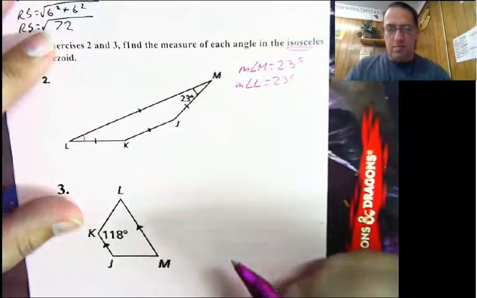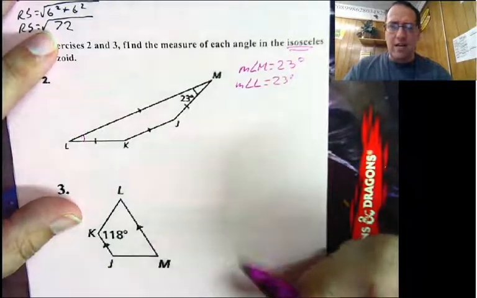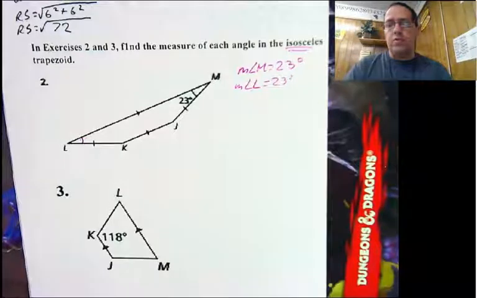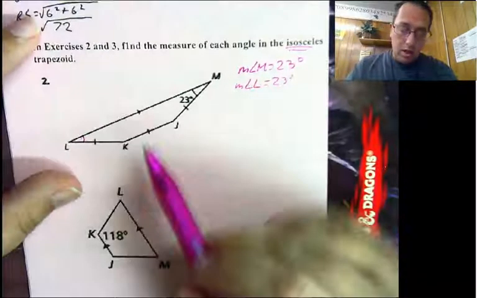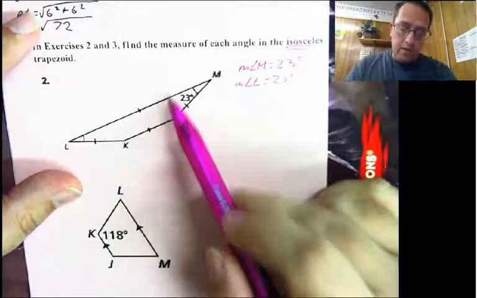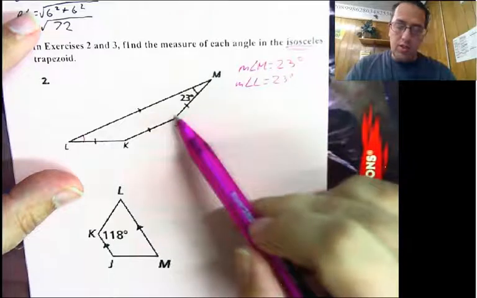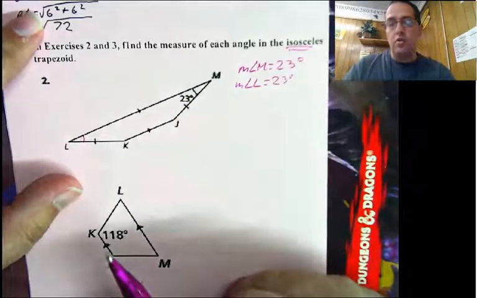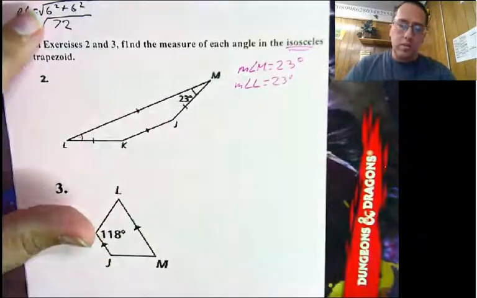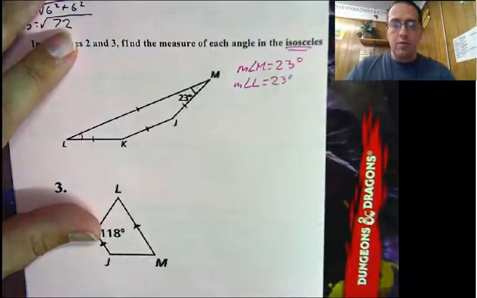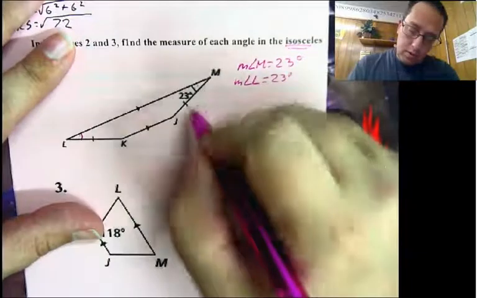Now here comes the other part. How do we find J and K, right? Well, here we go way back to when we first started talking about parallel lines, back in chapter 3. And we said that if you have parallel lines cut by a transversal, remember, same side interior angles are supplementary. So that means this and angle J are going to add up to 180 degrees because they're supplementary.